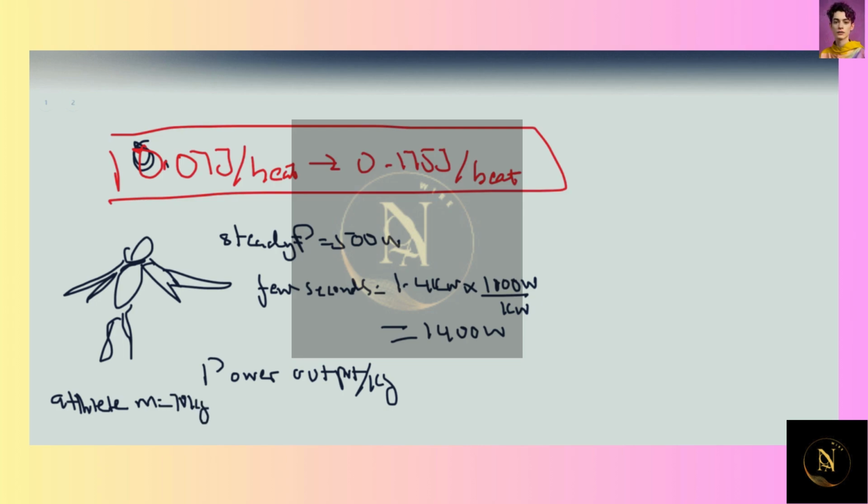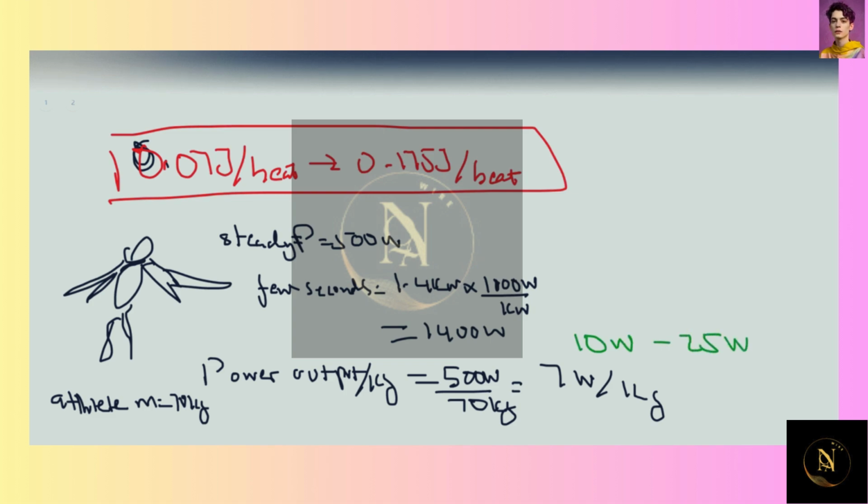So if the power happens to be 500 watts, the steady power, and they weigh 70 kilograms, it means that for each kilogram, they're expending 7 watts per kilogram. 7 watts per kilogram, unfortunately, falls outside of the range of 10 to 25 watts that allows birds to fly. So it means that at steady state, an athlete cannot fly.